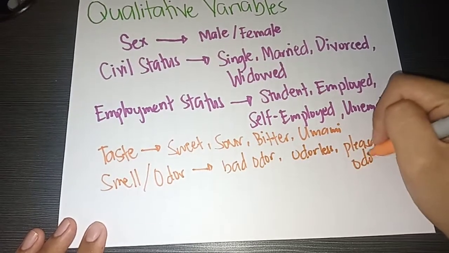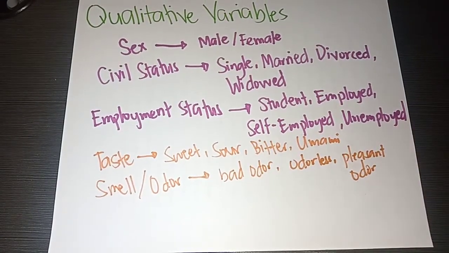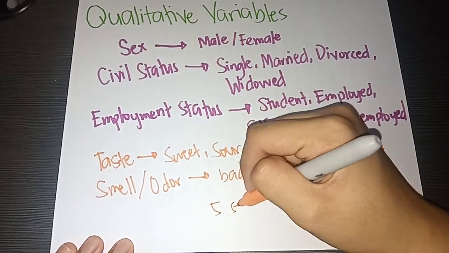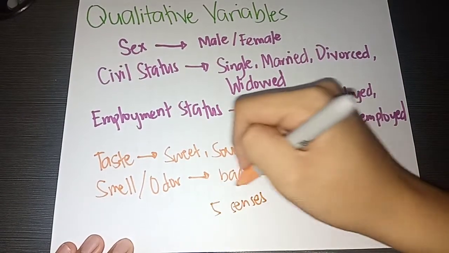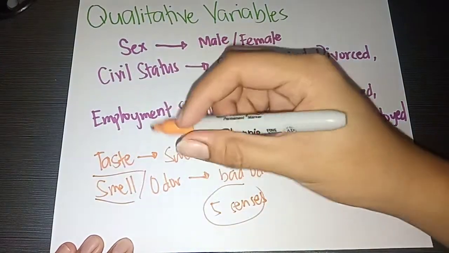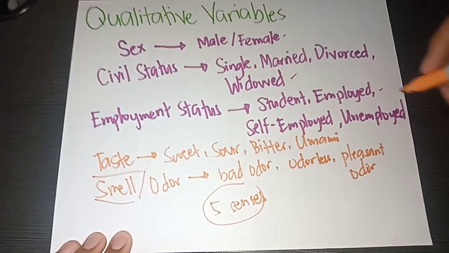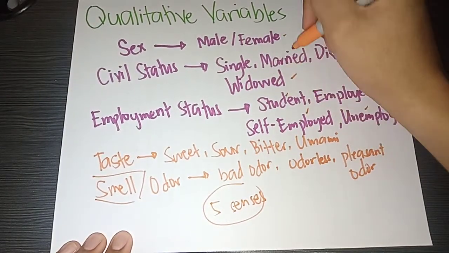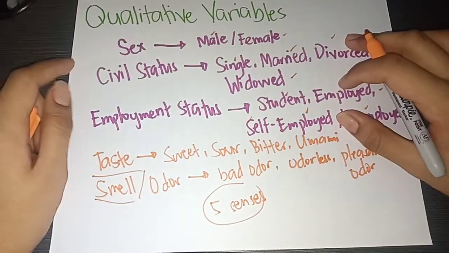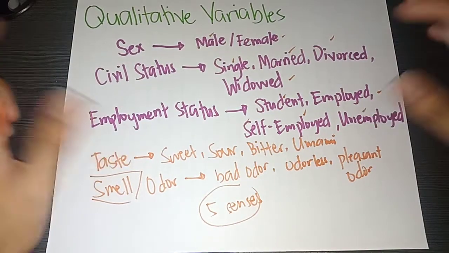So, did we use our five senses? Obviously, we use our five senses. We have the sense of smell, sense of taste, and also in identifying the possible set of values for these variables, we use our senses.